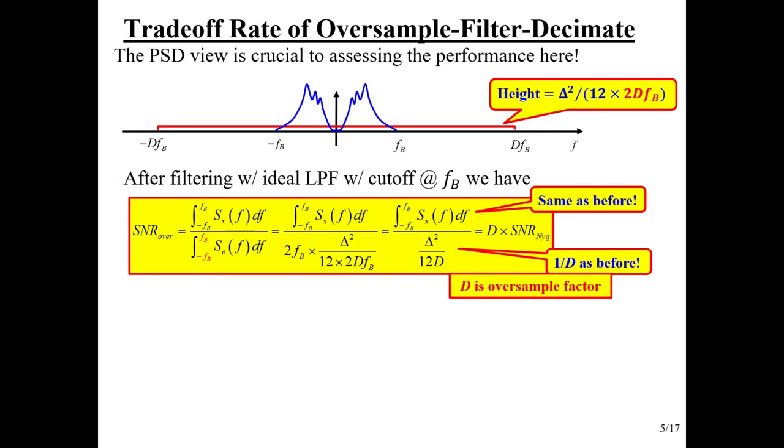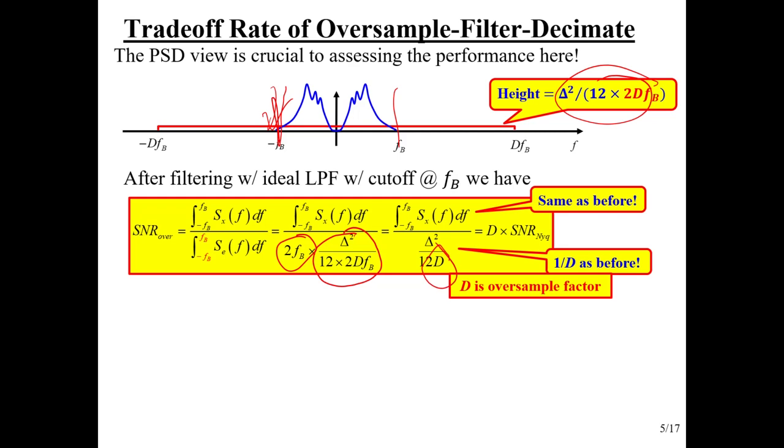Now I plug in the height of this thing. There's the height right there coming from here. And I plug in the width that I'm now existing over, just 2FB. Well, now the FBs cancel and I get what I had before, except now I have a D down here.